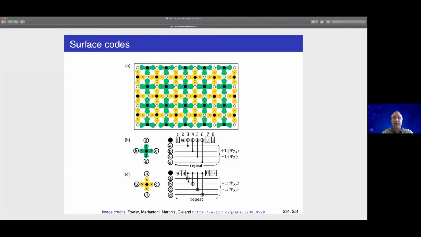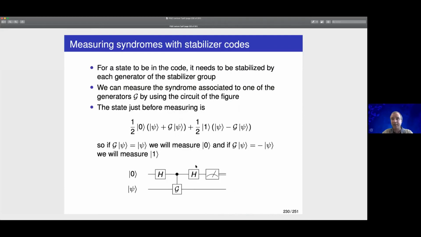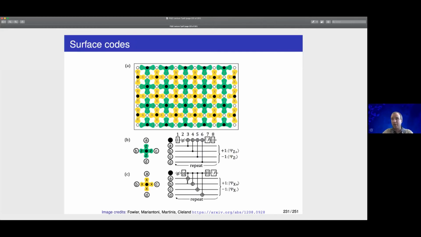Well, I don't have time to explain this, but you can check that this circuit follows directly from this construction here. What I want you to know is that this kind of codes, the surface codes, are the ones that are being considered now to be implemented in future generations of quantum computers.